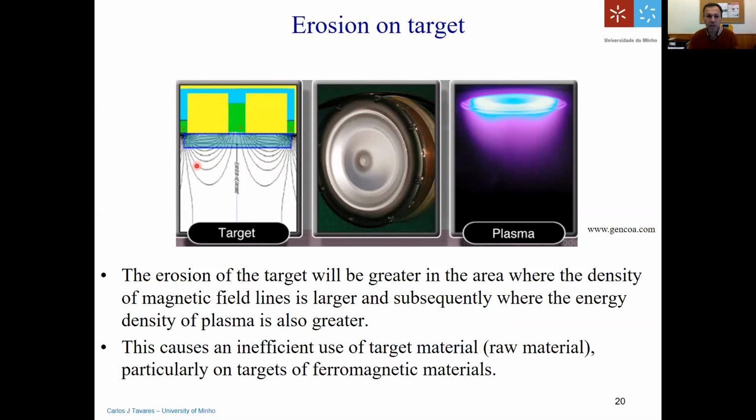So you can't just buy a magnetron and expect it to work properly. You really have to look at the dimensions of your system. You have to see if you're using more than one magnetron.